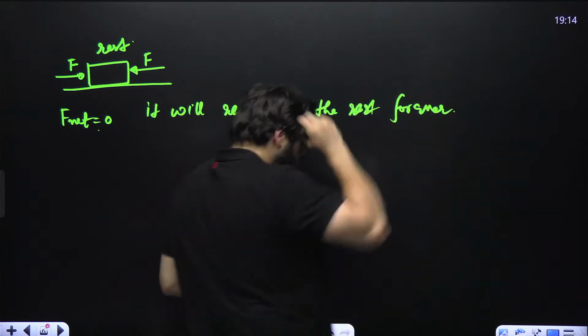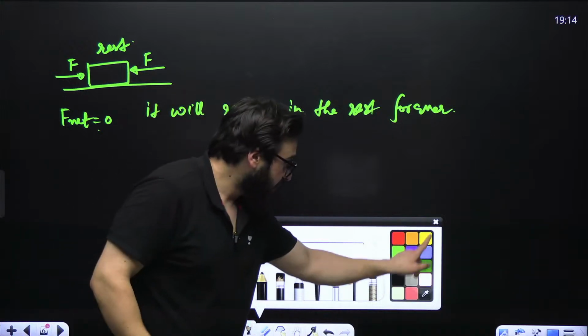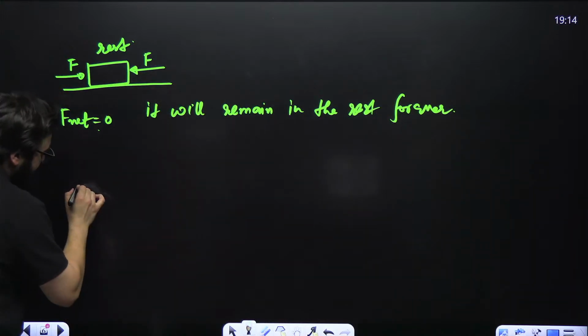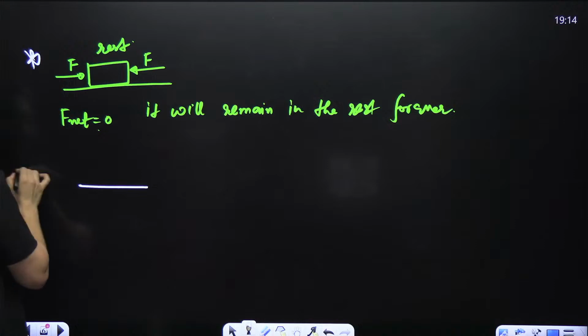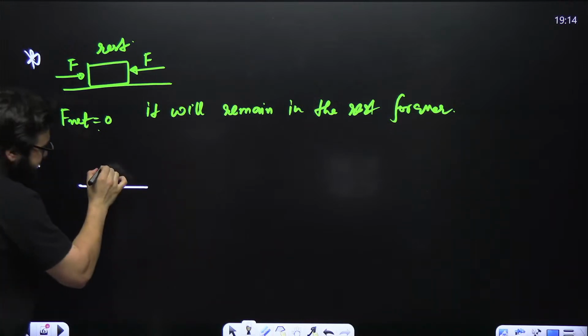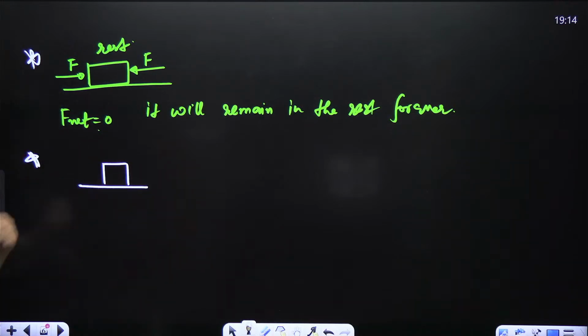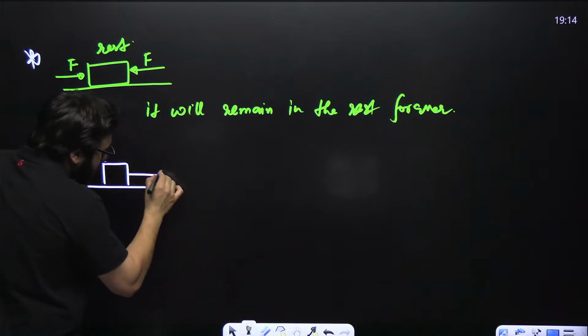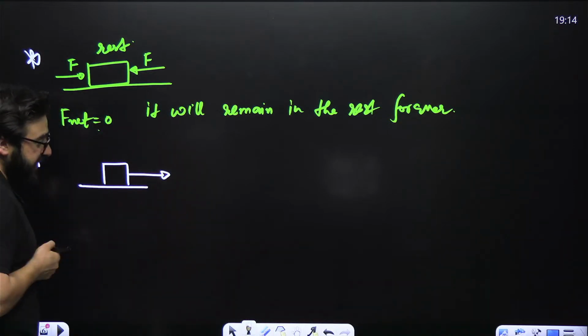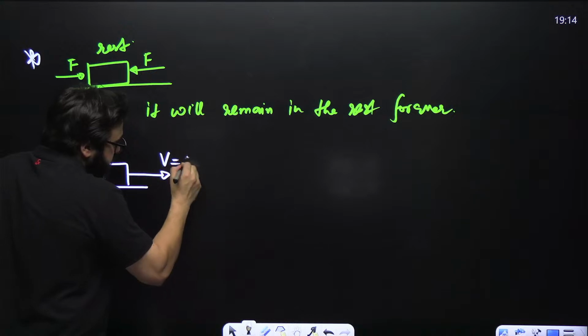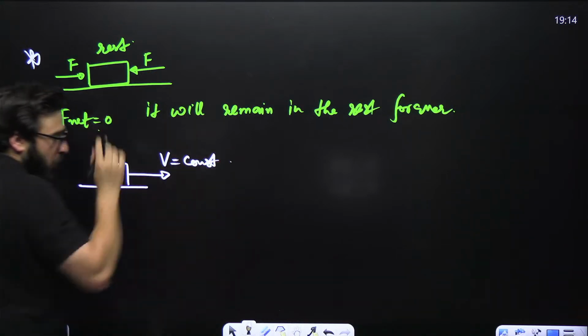Yes, sir. Now guys, this is statement number 1, statement number 2. Let's suppose I have got a block over here, and this block is moving with, understand very carefully, constant velocity. So it is in uniform motion.